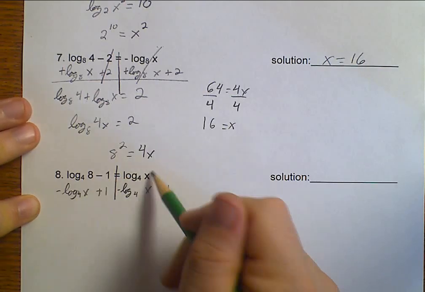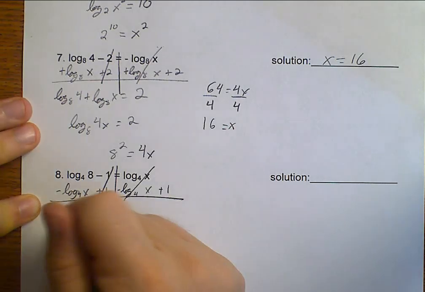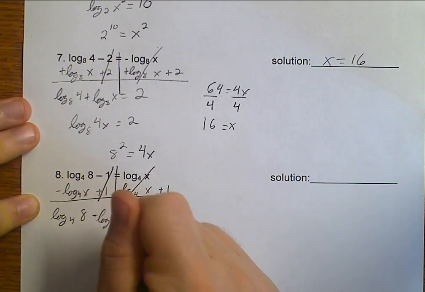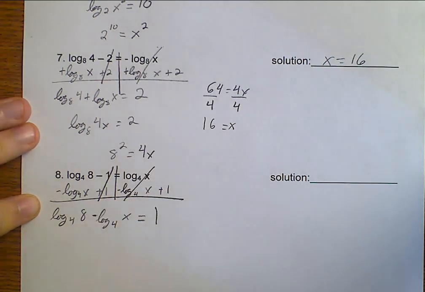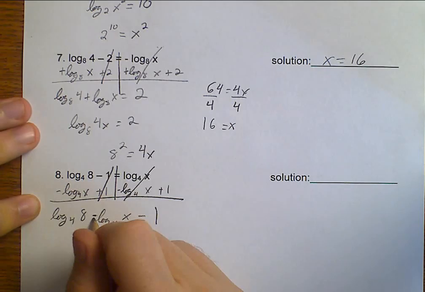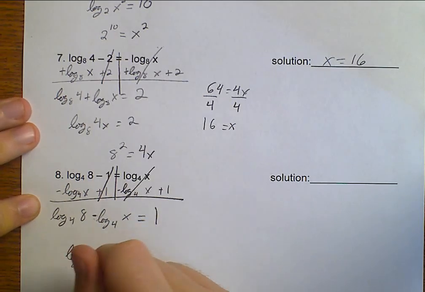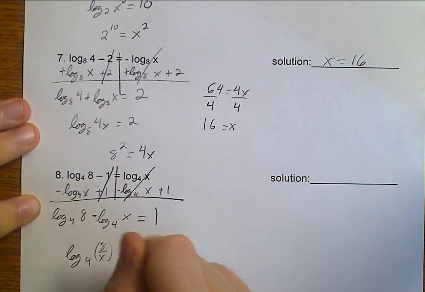That makes those cancel and those cancel, giving me the log base 4 of 8 minus the log base 4 of x equal to 1. Minus means divide, so the log base 4 of 8 over x equals 1.